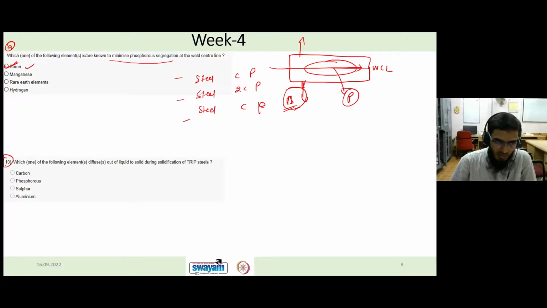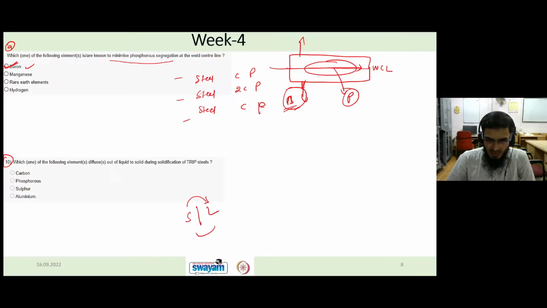Now read question number 10 and try to answer it. Which one of the following elements diffuses out of the liquid to solid during solidification of strip steel? Usually you have solid and liquid, and the alloying element will try to diffuse from solid to liquid in most cases. But here it is asking which element diffuses out of liquid to solid.